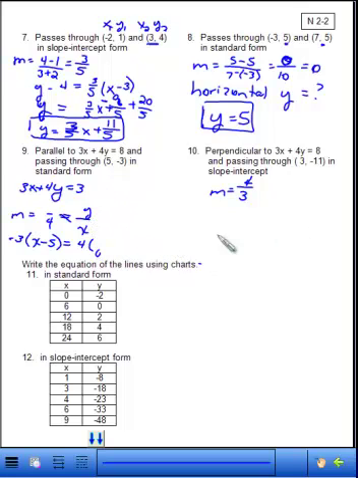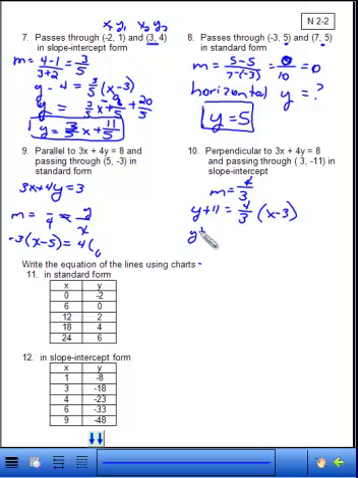Okay, so you had the work. Hopefully you took the notes. Now this one, slope-intercept form. So this one we're going to use point slope for. Okay, so we have y minus -11, or y plus 11, is equal to 4/3 times x minus 3.